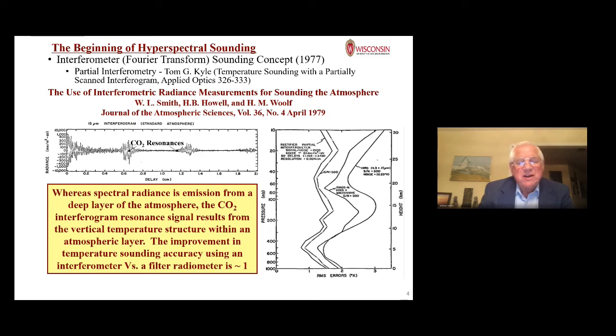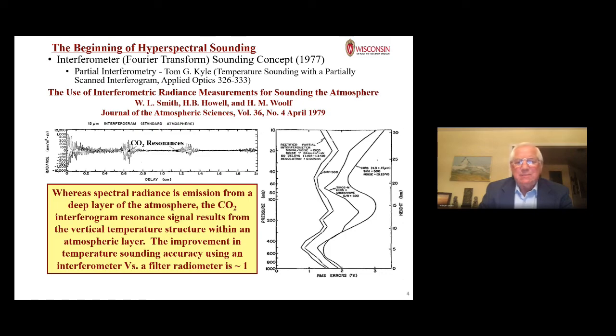If you have no structure, if the temperature isn't changing with altitude, this signal goes to zero right here. Whereas if you have sharp lapse rates and so on, then you get this resonance region. And that's if you have high spectral resolution where you can resolve individual carbon dioxide emission lines, in this case, for atmospheric temperature.